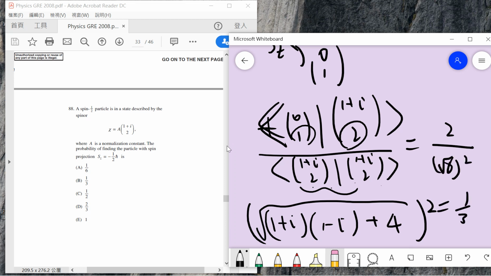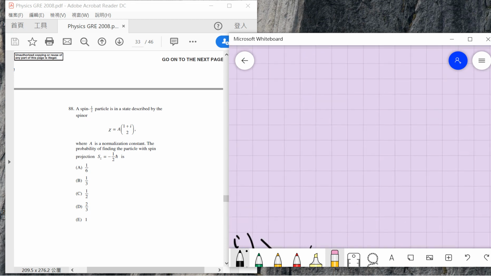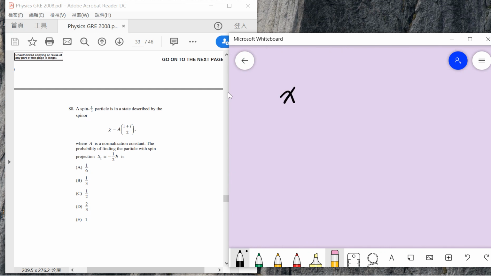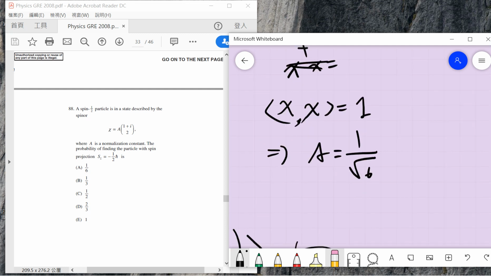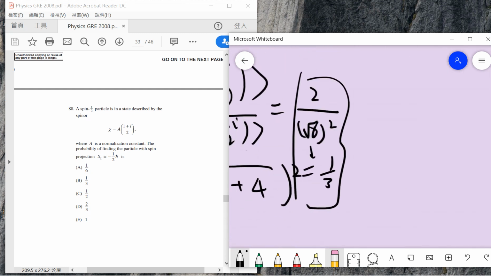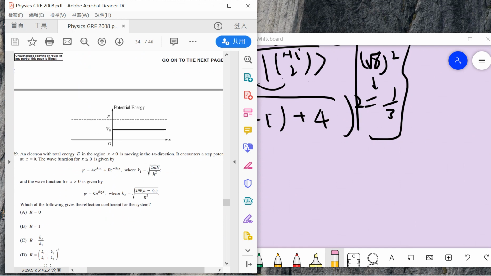So it's 1/3. This is one way. The second way is to first find A. The inner product of this with itself must be 1, and this will tell you that A must be 1 over the square root of 6 if A is real. Then you can do a similar computation.